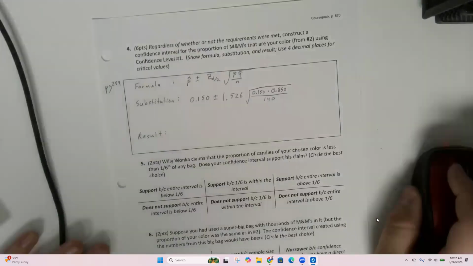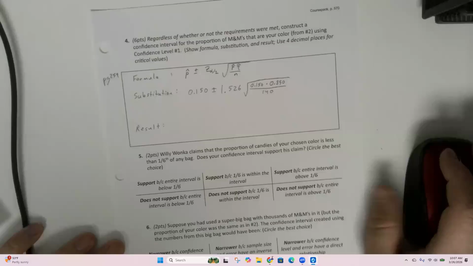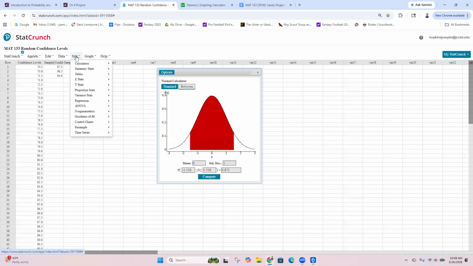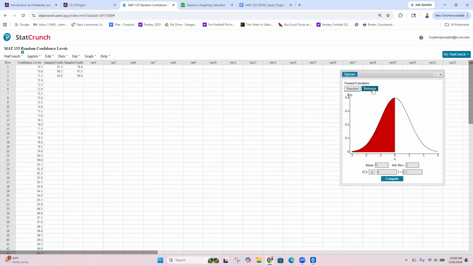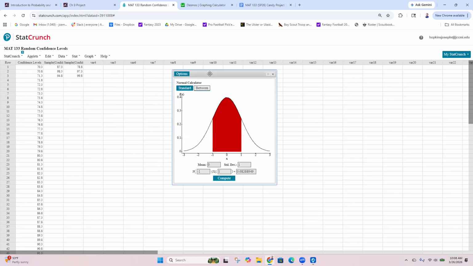Again, I went to Stat, Calculators, Normal, and switched it to Between. I'm doing Between because when you're doing a confidence level, it's always between: you're going from the lower limit to the upper limit. I want my population proportion to be somewhere between this lower limit and this upper limit.